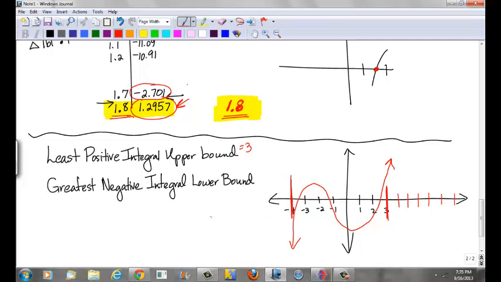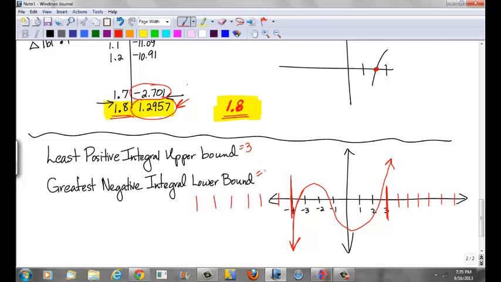Then on the negative side, it's bounded. This graph is bounded by -8, -7, -6, -5, but at -4, this graph is going down. It's not going to come up and cross to the left of -4. So this graph is in that envelope.